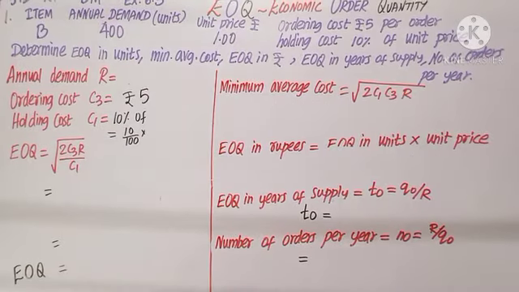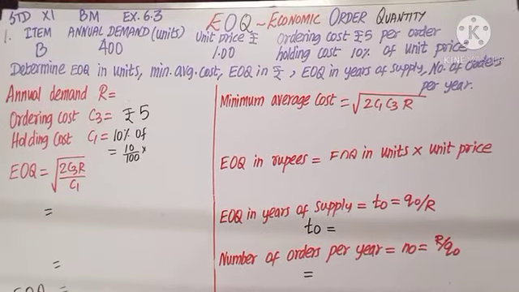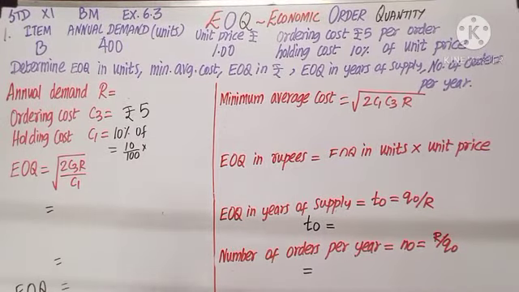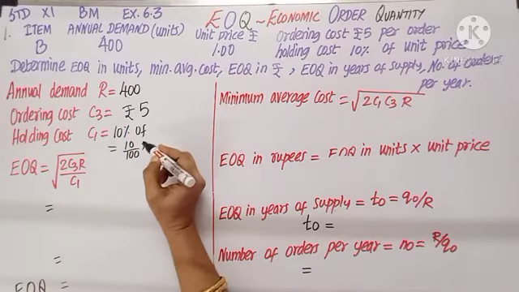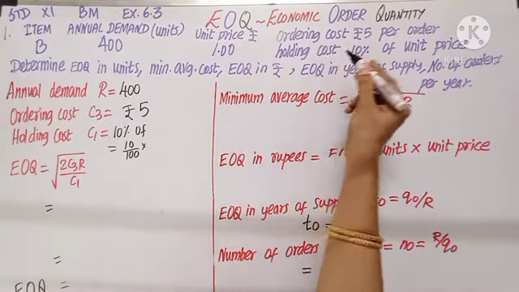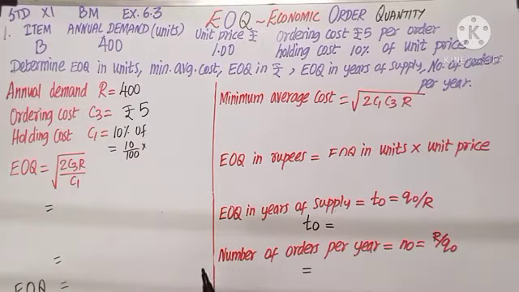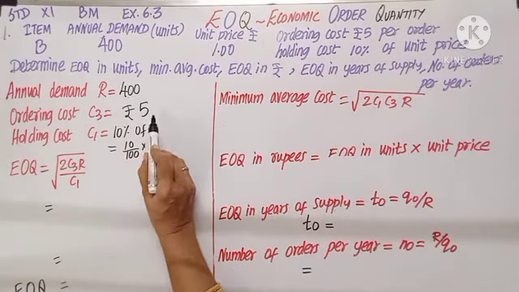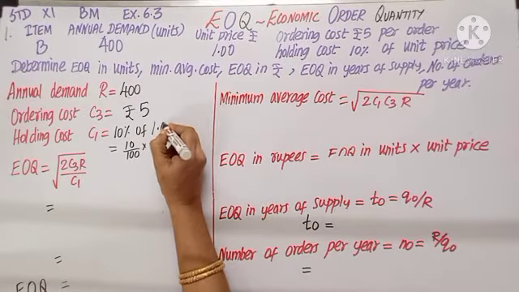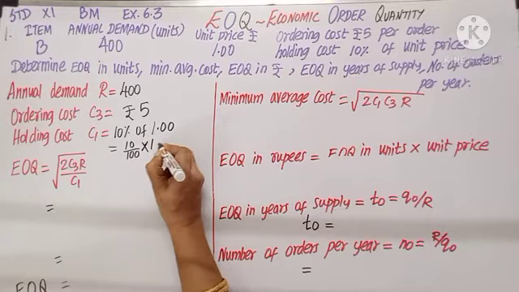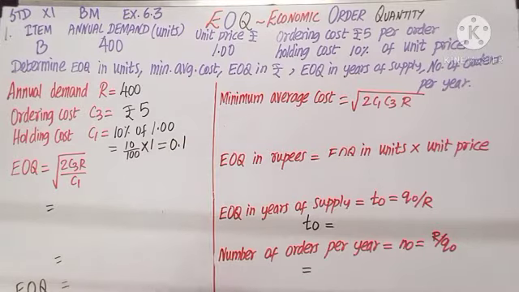The same question, item B, given as annual demand 400, unit price 1, ordering and holding the same as the previous section. So C3 is 5, C1 is 10% of 1.00, or I will say it is 0.1.